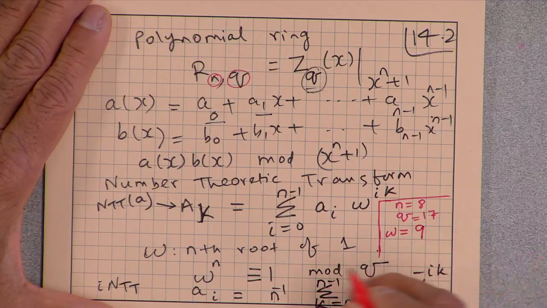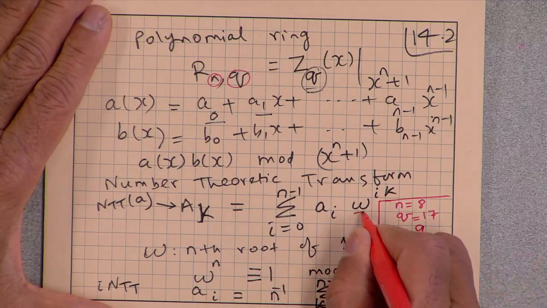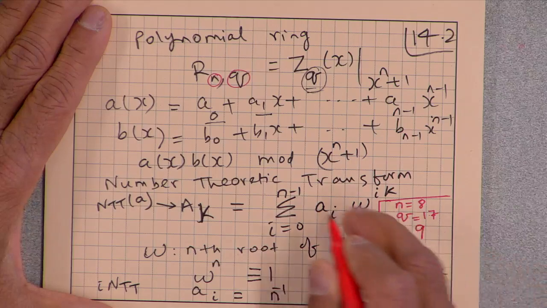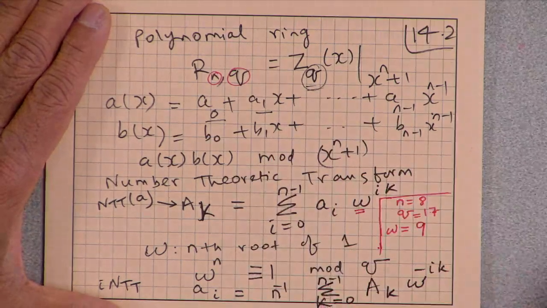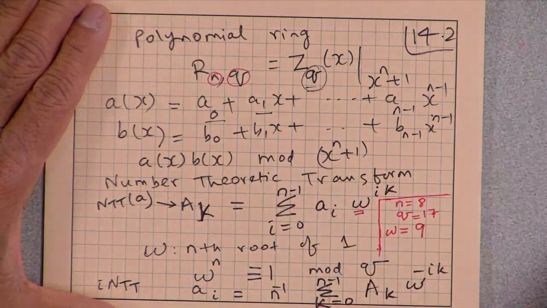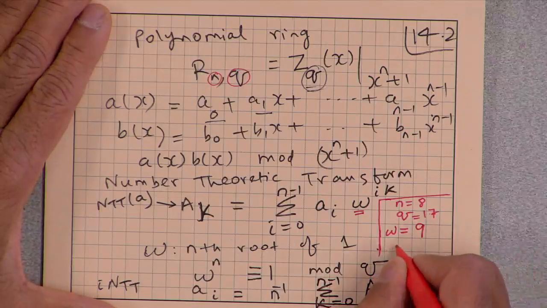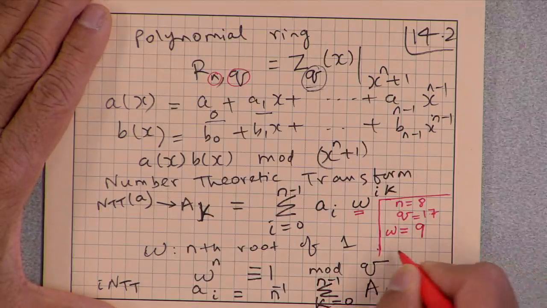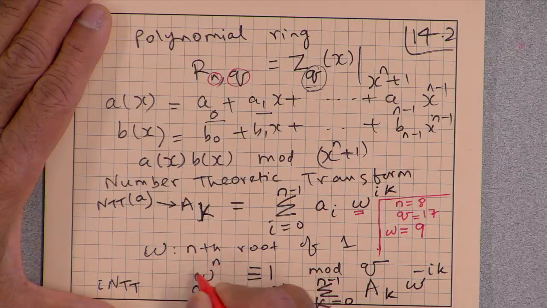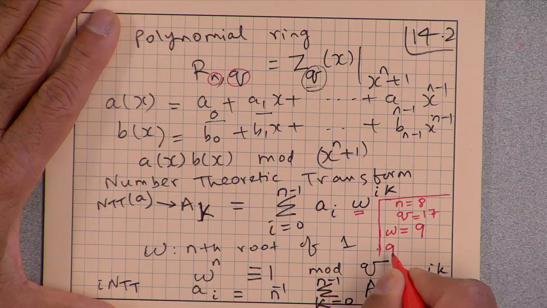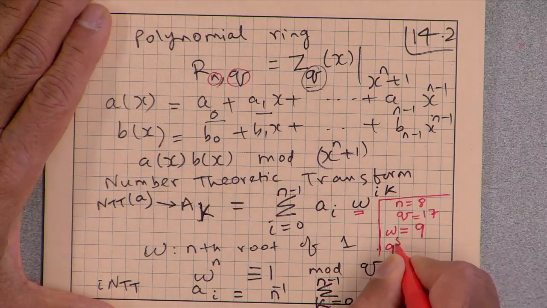By the way, all these are integers strictly less than q. What we want to satisfy is omega to the power n, so 9 to the power 8.